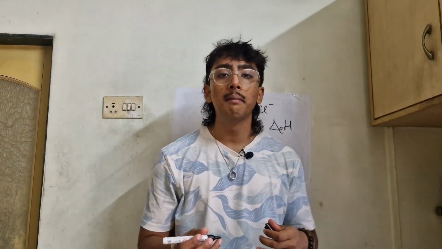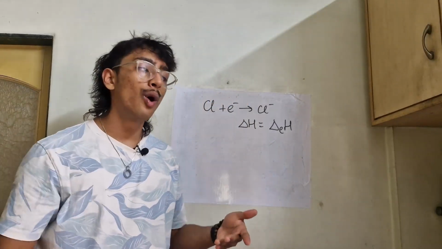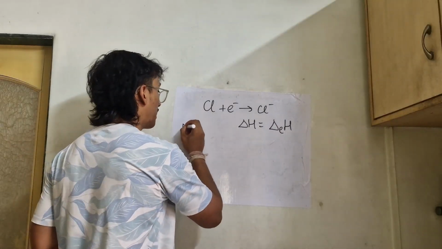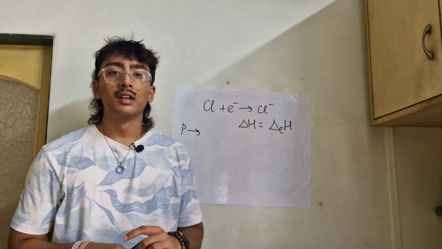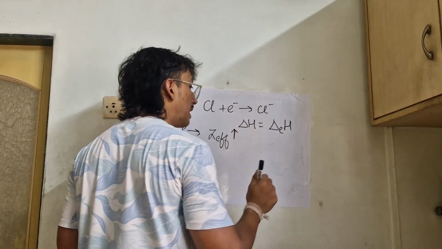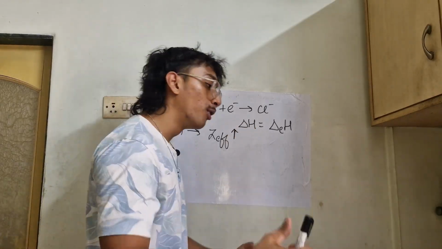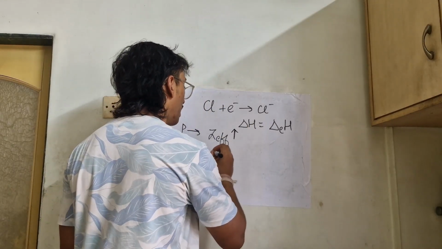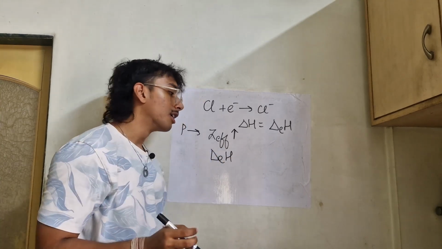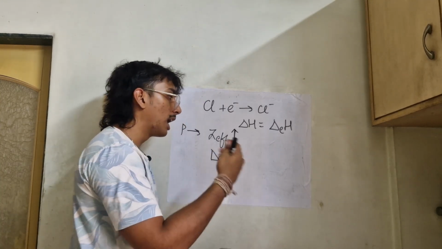So we try and measure how negative the electron gain enthalpy will be when we go across a period and down the group. So across the period, what happens? This increases, meaning the nucleus is bound to pull more electrons. So if I add an electron, it becomes much easier for this to be more and more exothermic.